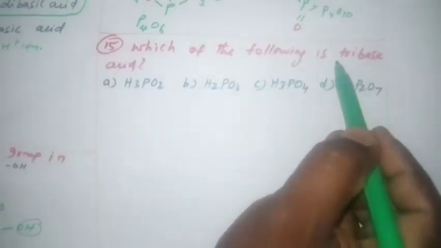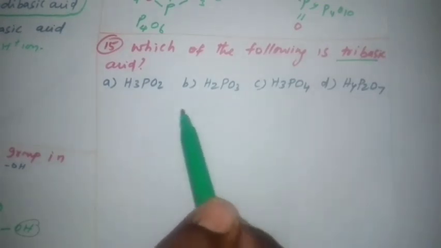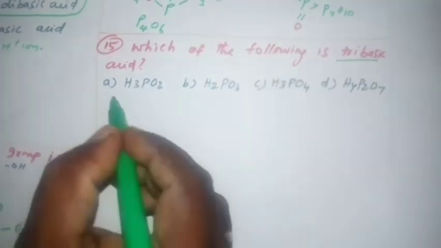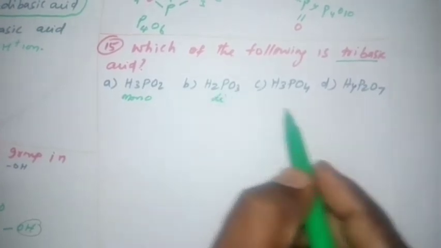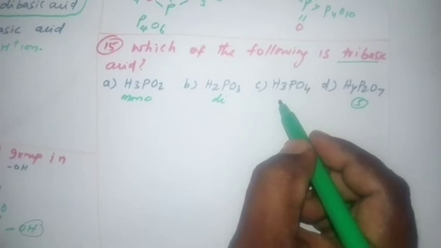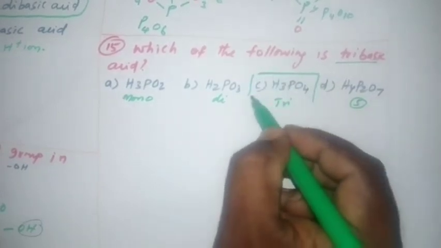Tribasic means 3 ionizable hydrogen ions. So count the oxygen atoms and subtract 1. This is monobasic, this is dibasic, this is pentabasic, and this is tribasic. So the option must be C.